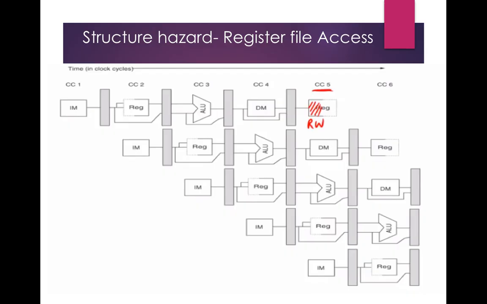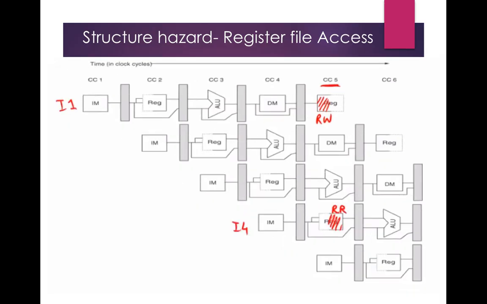What we can do is, at clock cycle 2 we make it into two parts: one is the decoding part, and another one is the read. When you see the diagram, the second portion is dark and the first portion is dotted. But in clock cycle 5, the first portion is dark and the second portion is dotted.